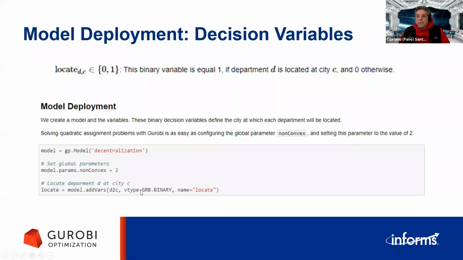In this particular case, these variables are going to be binary. So this is not the default. So we need to tell Gurobi that these are binary variables, and this is the name of the variable.